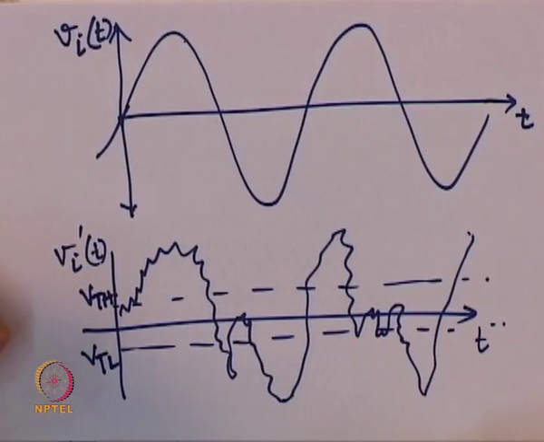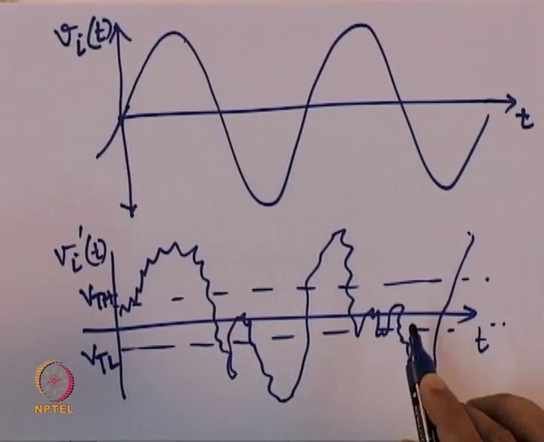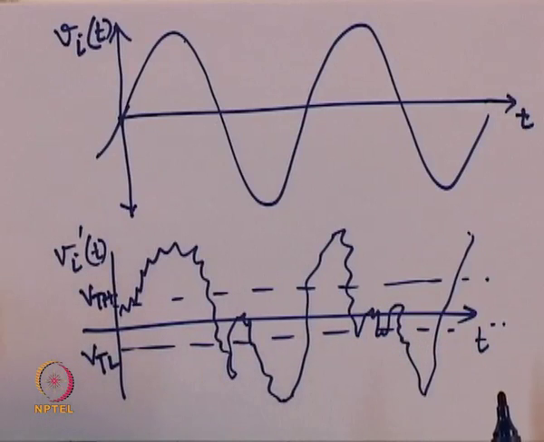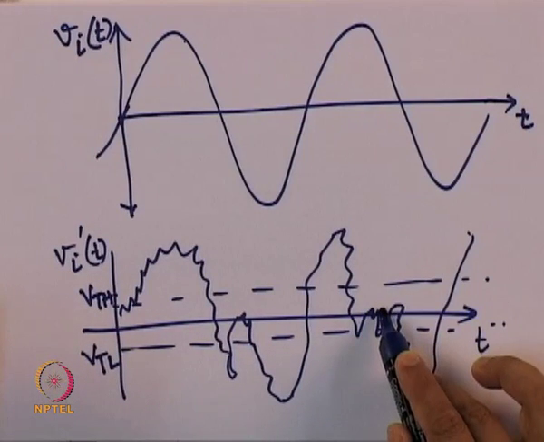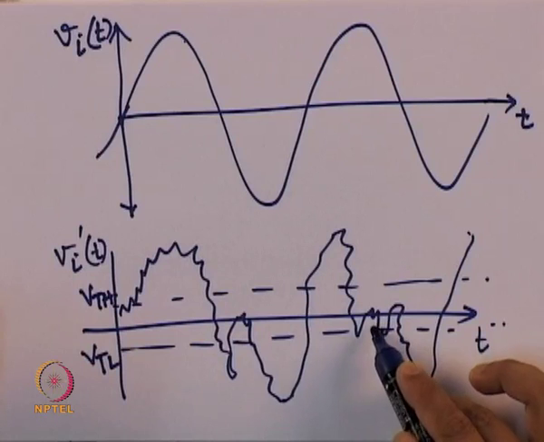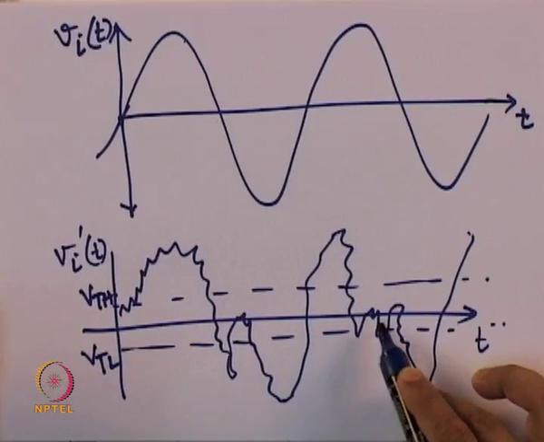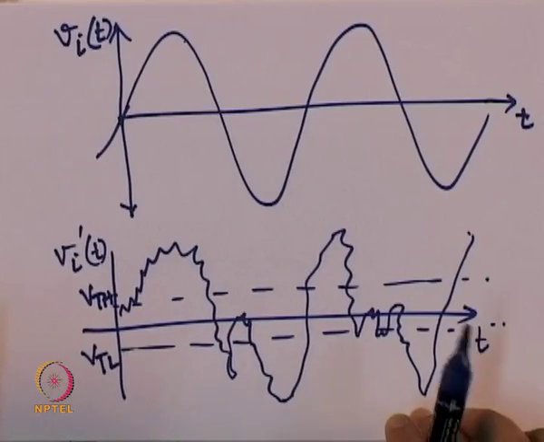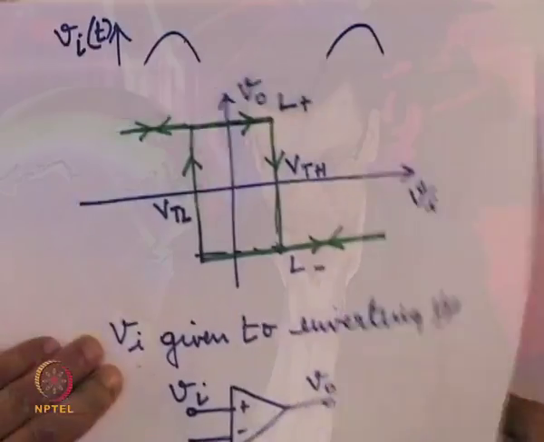So just to prevent these spurious transitions, that is when for some noise the signal goes momentarily above 0 voltage even though the mean value of the signal is negative, we need such a circuit.